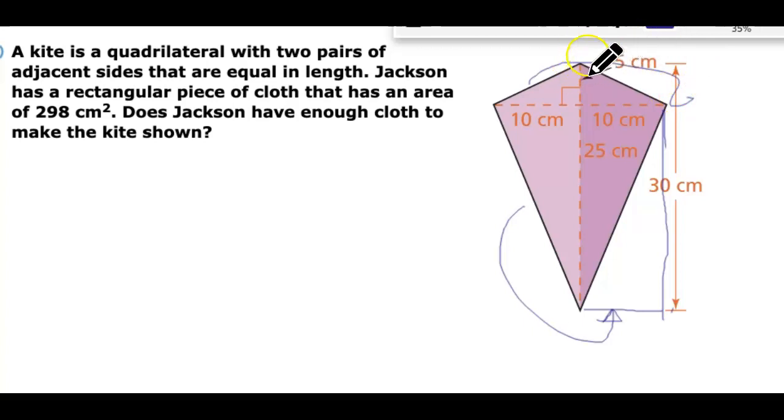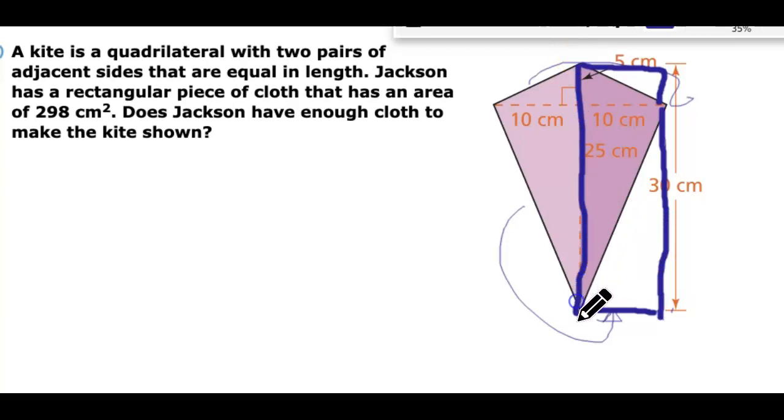I'm just going to make it bigger. And the bottom one is going to look like that. So it looks like you're going to end up with a rectangular shape. See that? You move this over here and you move that over there. Then you're going to end up with 30. So your height is going to be 30. That's over here, it's already shaded for you.